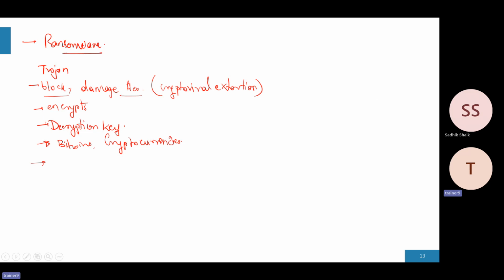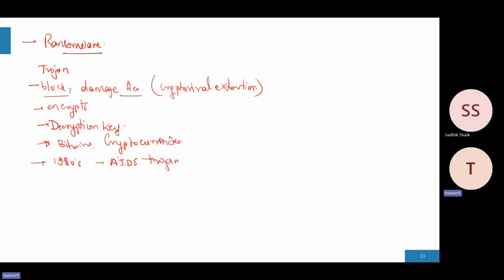Trojans are very popular in these kinds of scenarios. It started very early, in the 1980s. At that time there was a Trojan called the AIDS Trojan, one of the very initial ransomware attacks.